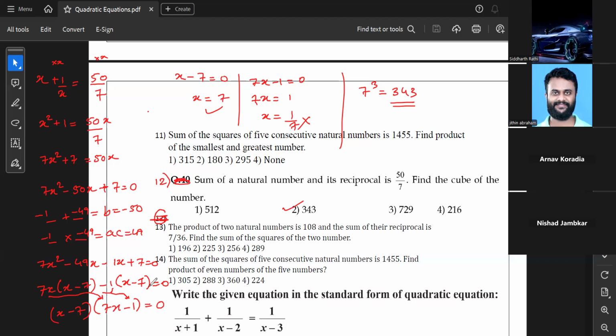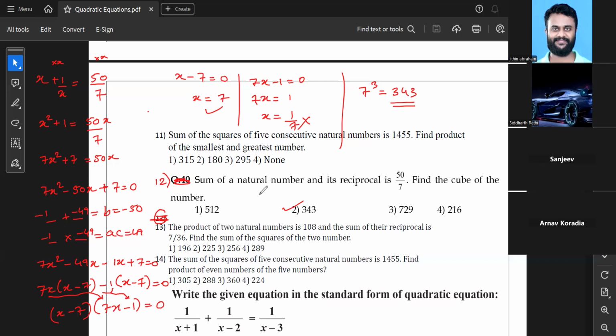Now, this is the standard method of solving. For others, I'll give you one more technique. Whenever you see this situation, x plus 1 by x is equal to some fraction, 50 divided by 7, always try this denominator substituted over here. Many a times it works. Sometimes it won't work. I'll tell you what to do at that time.